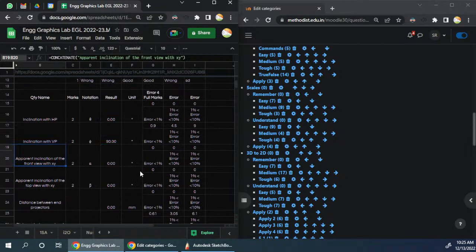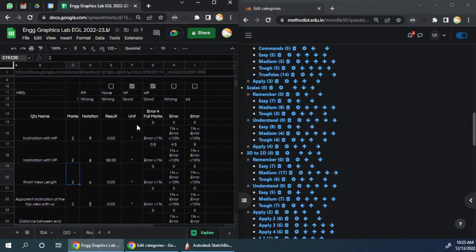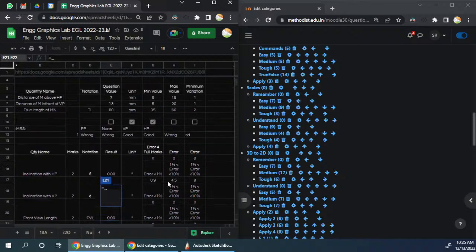So let's say front view length. It's perpendicular to VP, so front view length is going to be 0. And top view length: the top view length is going to be equal to the actual length.